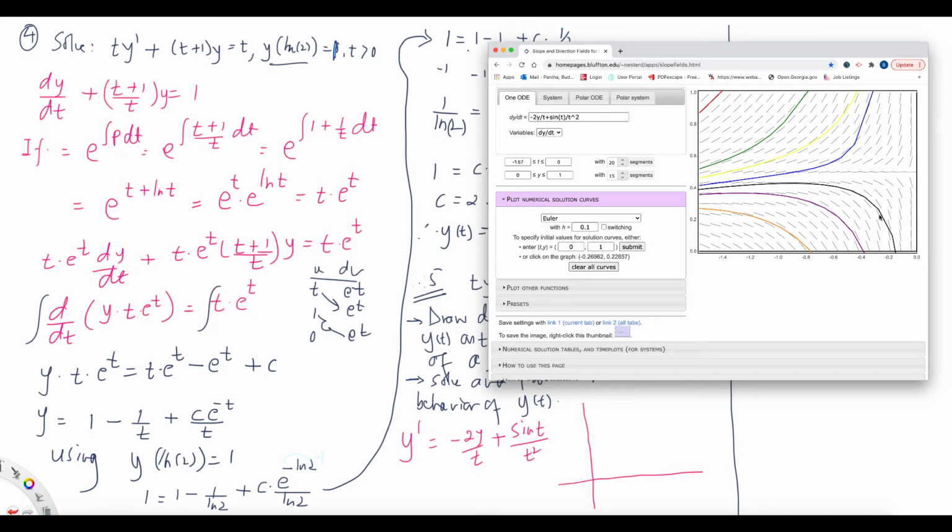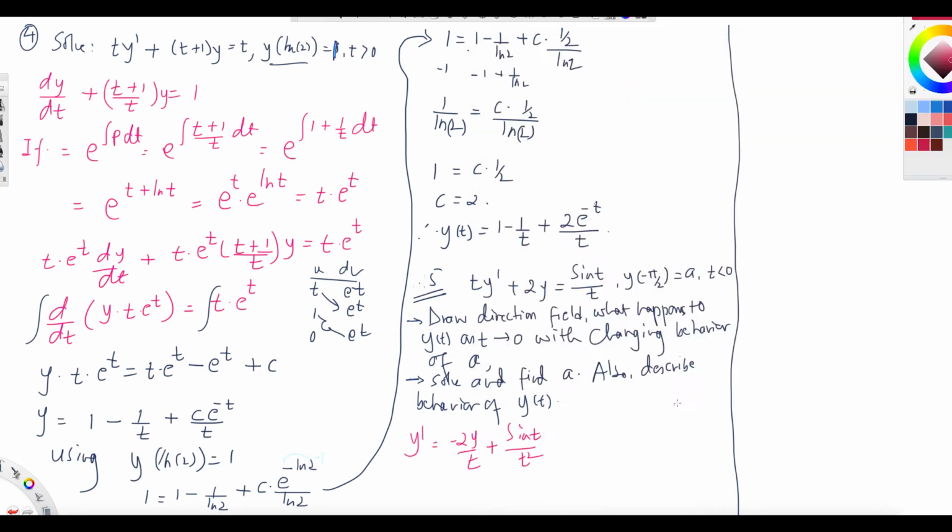So for question number 1, since you need to solve for negative t, you need to have the space on the left side. This is t, and this is 0, so let's suppose this is 1, and this is, say, -1. And then what we saw, t is negative pi half.